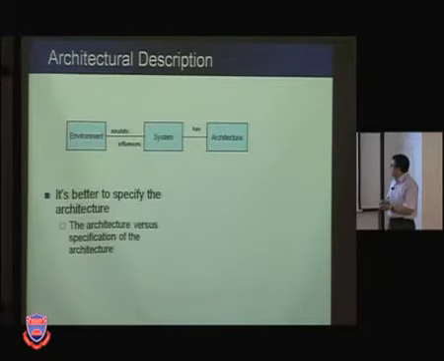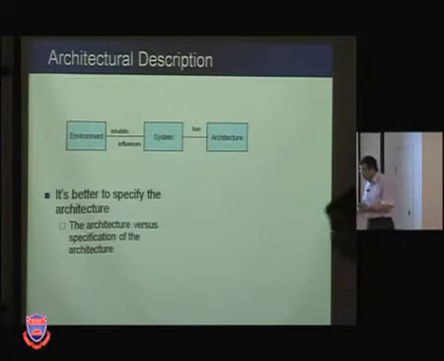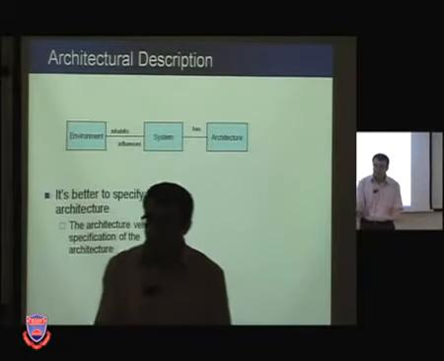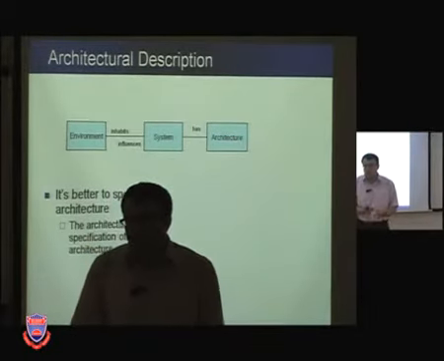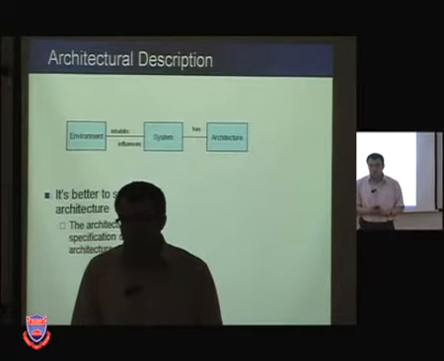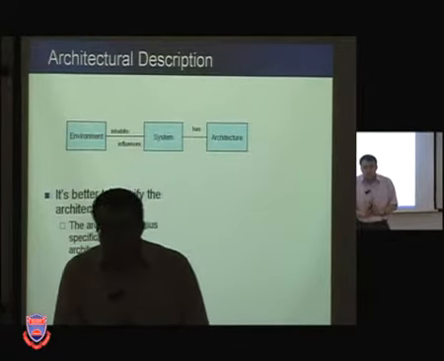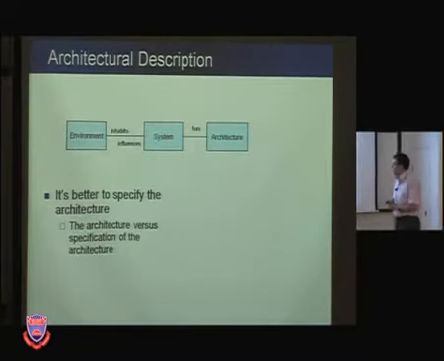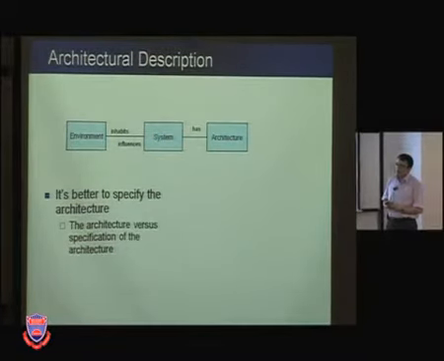But it makes sense, of course, to specify the architecture. Every system embeds some architecture. So if you want to control that architecture, control the system, it's better to specify the architecture. So you should make it explicit.